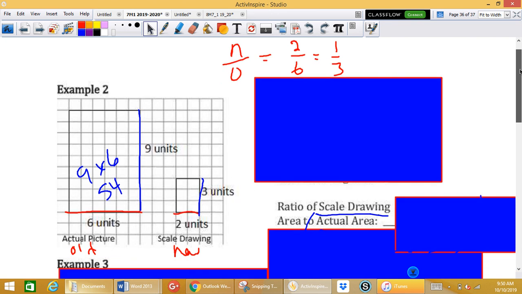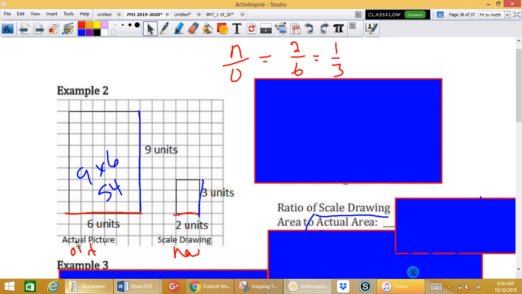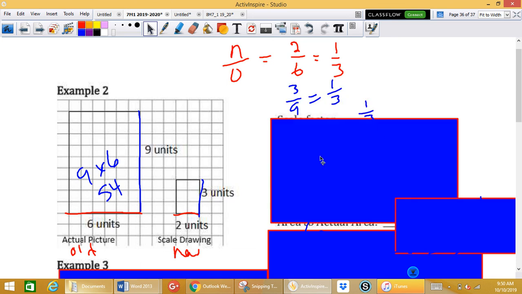So again, new over the old, the new being the scale, the old being the actual picture. So the scale factor of those are 1/3, because 2 divided by 6 and 3 divided by 9.